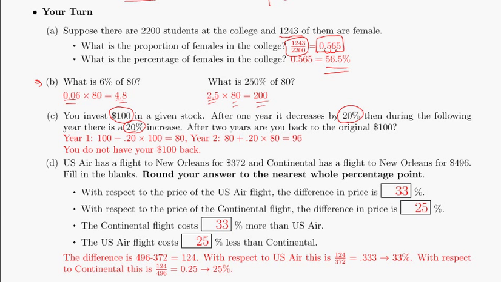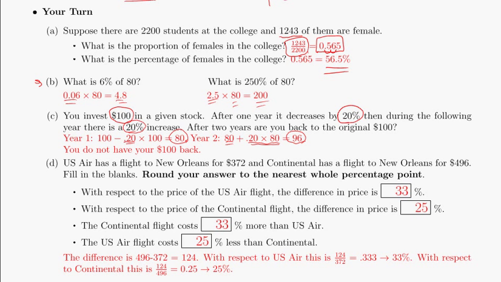Well, in the first year we go down by 20%, so it's 100 minus 20% of 100, and you get 80. And then year 2 you start with your 80, and you go up 20% of the 80, and that brings you to 96. So you actually don't get back to your 100.